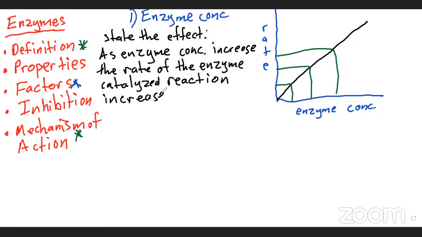So notice I did not offer any explanation because all they said was to state the effect. So the effect is as the concentration increases, the rate of the reaction also increases. Now, if they ask you to explain now, that is where we tell what is actually happening.